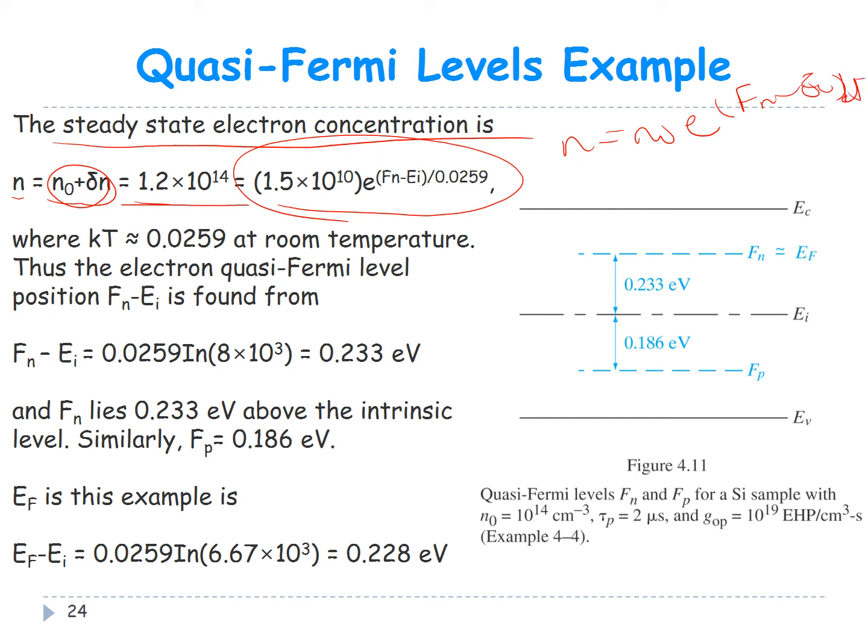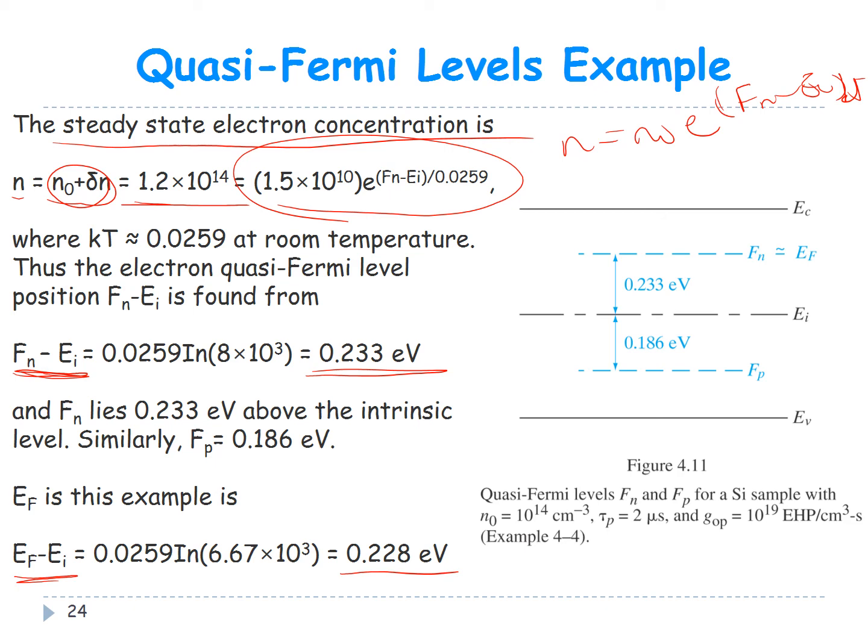So from this equation, the one we just looked at in the previous slides, if you do this, you will find that Fn minus Ei is around 0.233 electron volts, and F minus Ei is going to be equal to 0.228 electron volts.